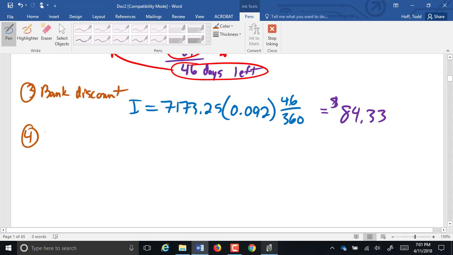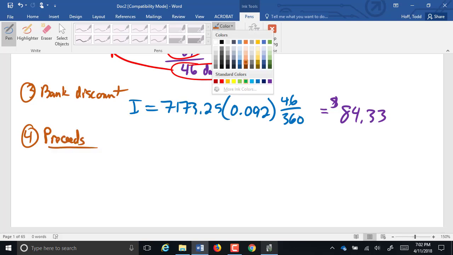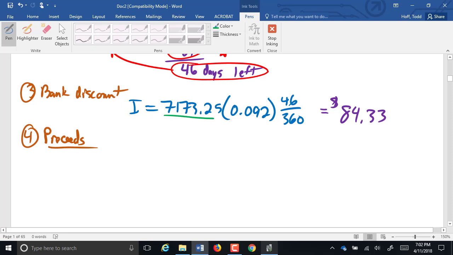Then last step. Perfect. Find the proceeds. We take that face value, or the maturity value of the first note, $7,173.25, and we subtract that bank discount.